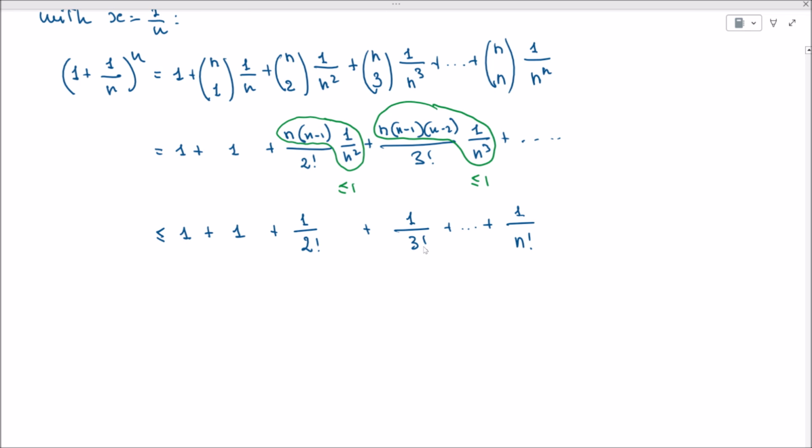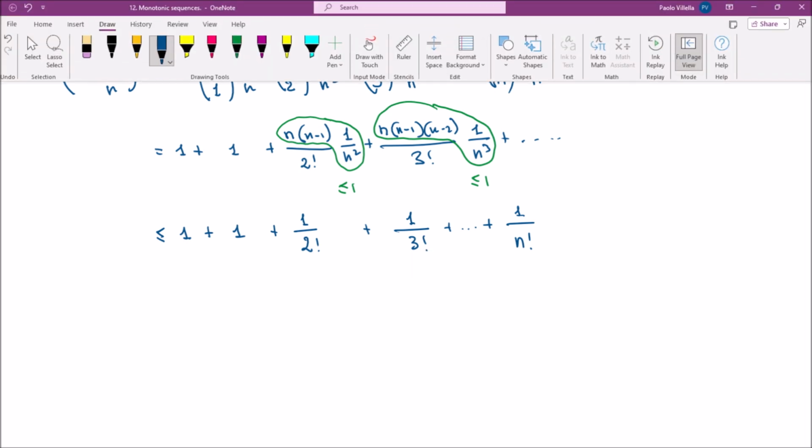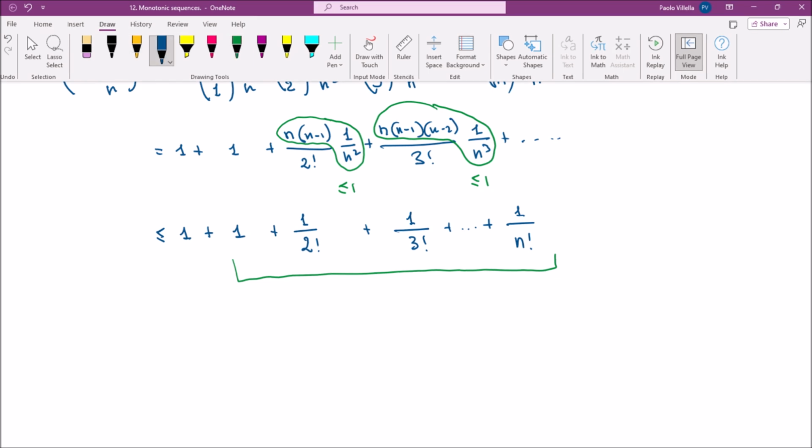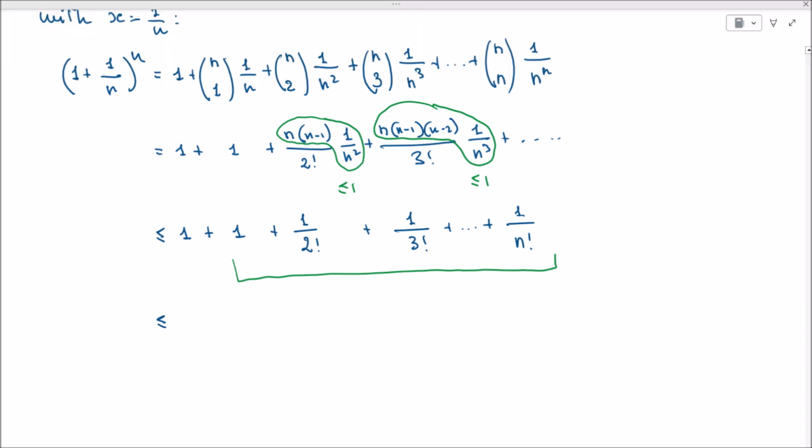So now let's focus on this part of the right hand side, and we can say that this part is less than 1 plus 1 over 2.